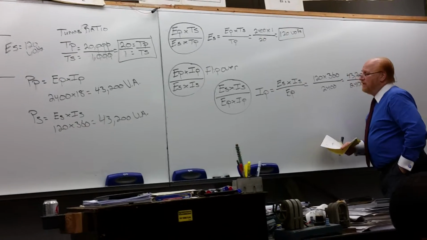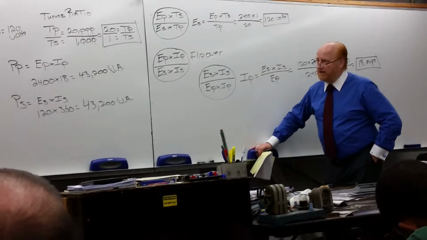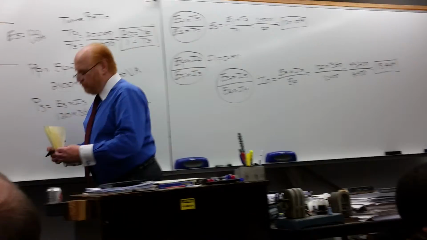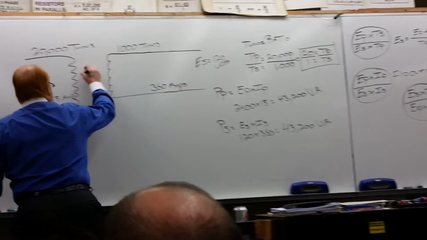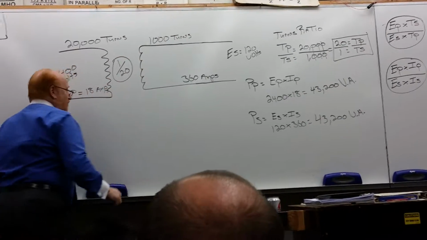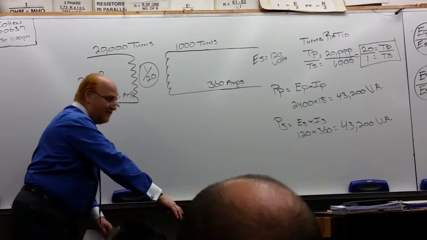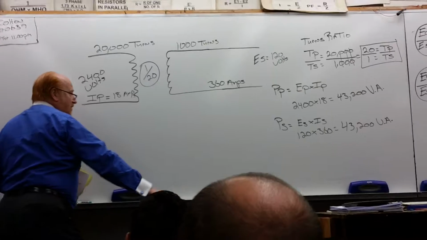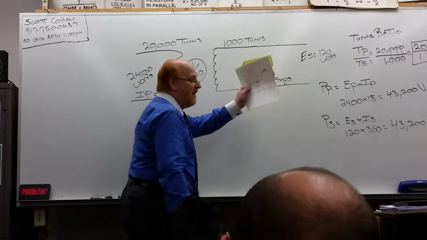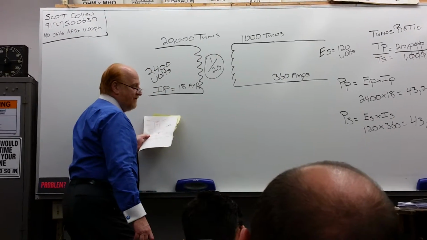We found, obviously, this was a step down transformer. We had a 1 to 20 ratio based on the turns, which means we stepped our voltage down 20 times, which means our current on our secondary side has to be 20 times greater than the current on the primary side.